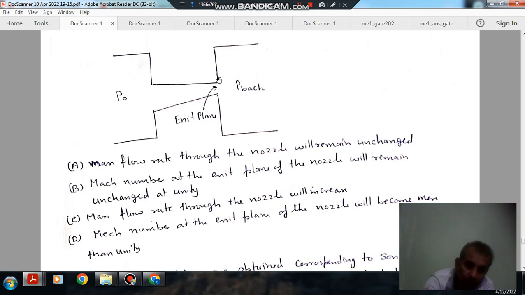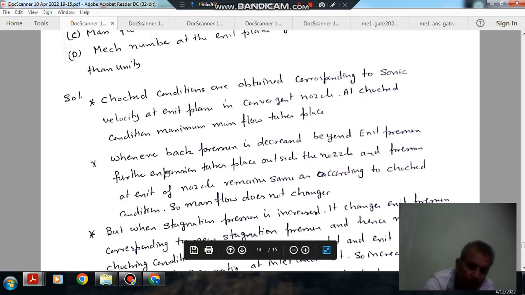So the expansion from the exit pressure to the back pressure will take place outside the nozzle. Whenever the back pressure is decreased beyond the exit pressure, further expansion takes place outside the nozzle.